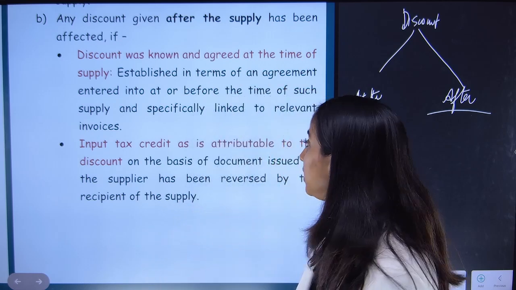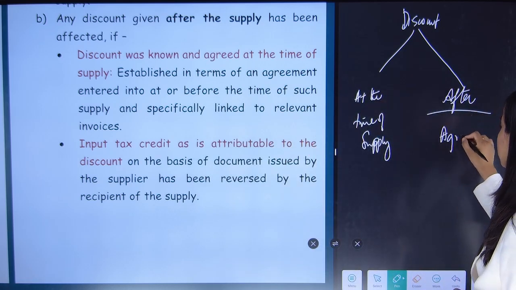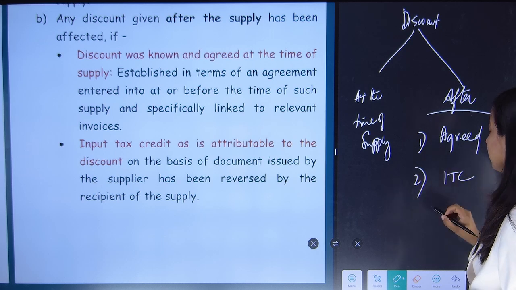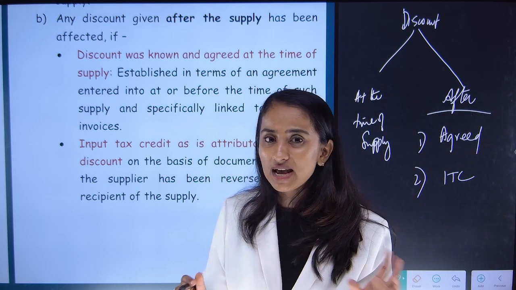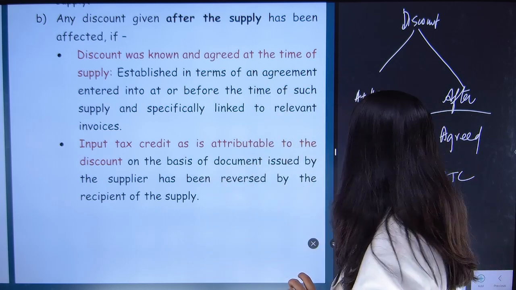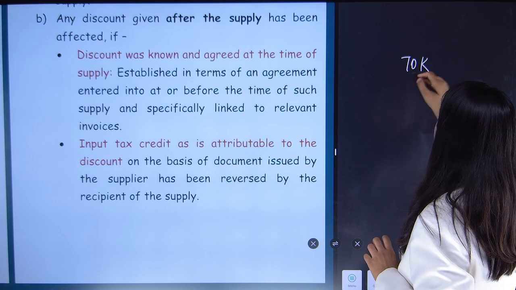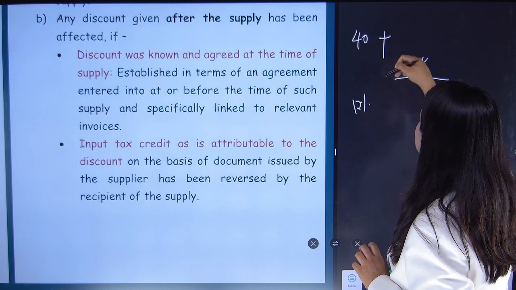So the discount was already agreed at the time of supply, and the input tax credit on that 10,000, if it is directly attributable and which has been reversed by the recipient of supply.